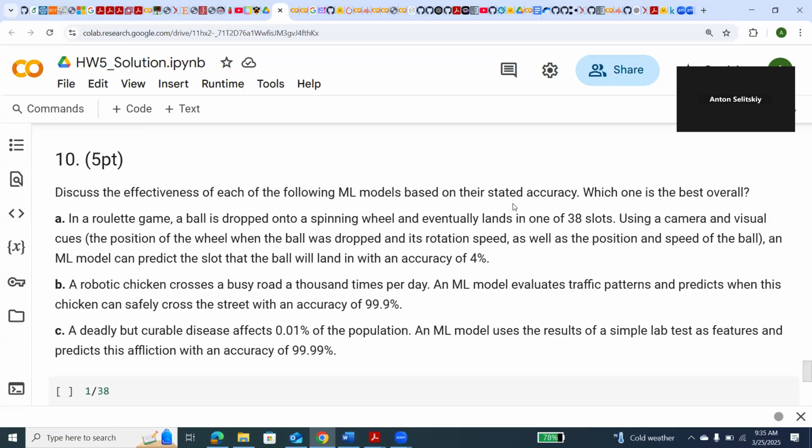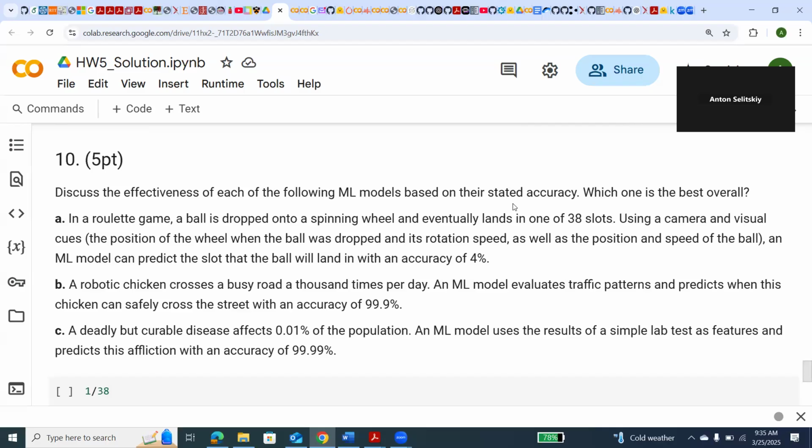So it's irrelevant. But it says it predicts that affliction with 99.9%. It means that if we predict all the people as not sick, it will be 99.99% accuracy, because we will make an error only on the sick population, which is very small.